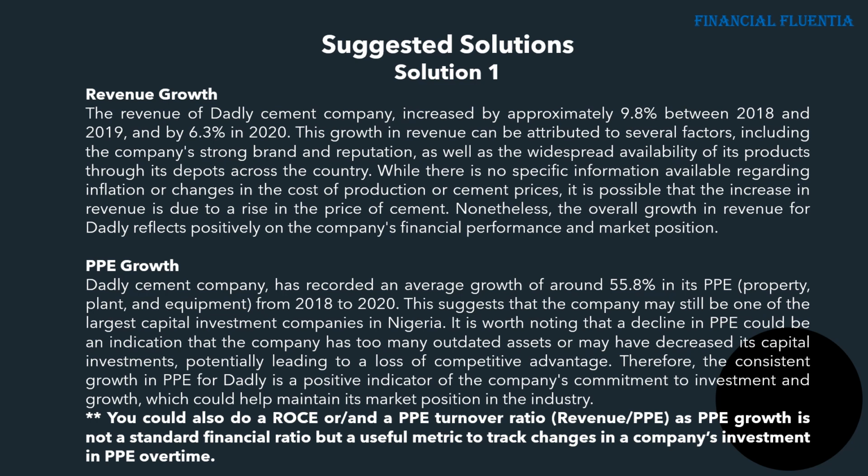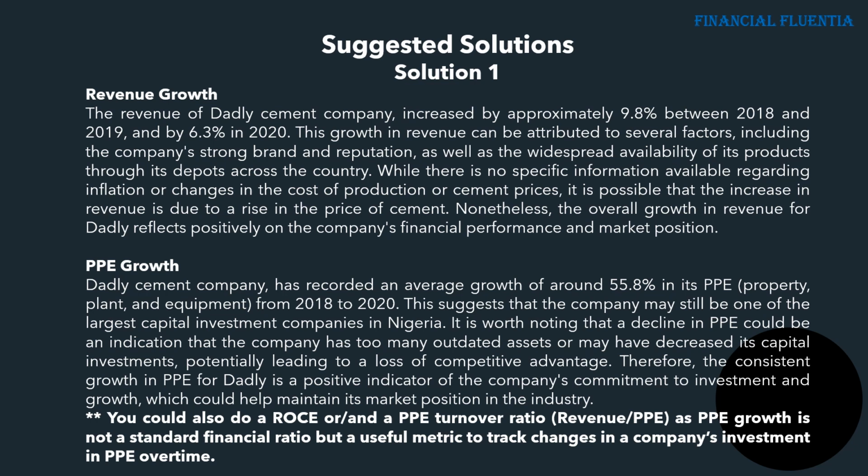Despite the fact that we were not given any information about price increase in cement per bag, or even the quantity sold in each of these years, we could also assume inflation could occur. Consumers could change preference. Those are things that could have led to the increase in the revenue, as you can see here.